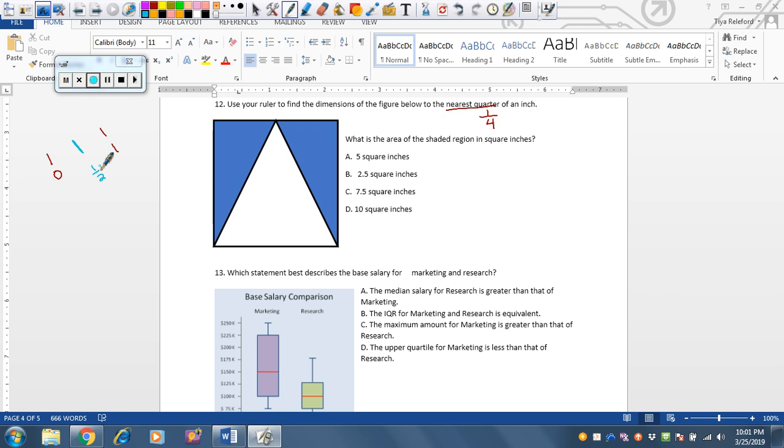That is a 1/4, right? Because it's 1/4, 2/4, which is the same as 1/2. 3/4, 1. And then in between, they're not quite as long. Those are 1/4. So 1/4, 2/4, 3/4, 1 whole.